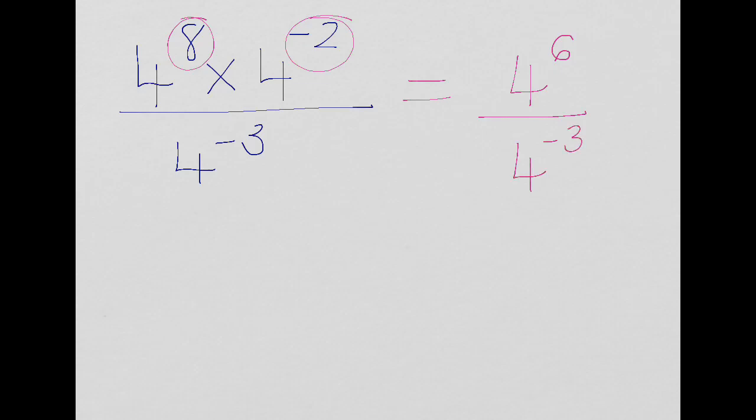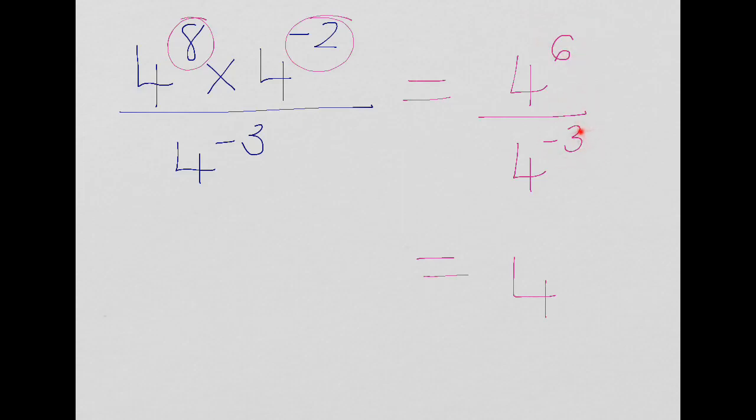Now this here is 4 to the power 6 divided by 4 to the negative 3. As we are dividing, that means we are going to subtract our indices. So it is 6 subtract negative 3.